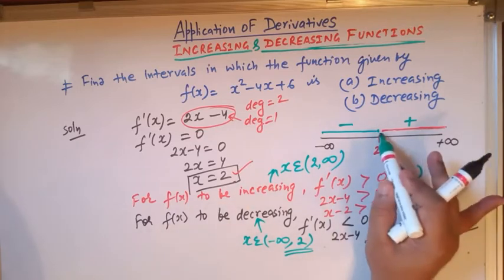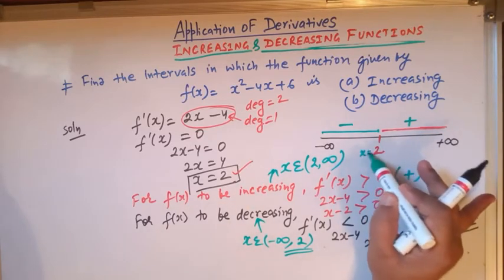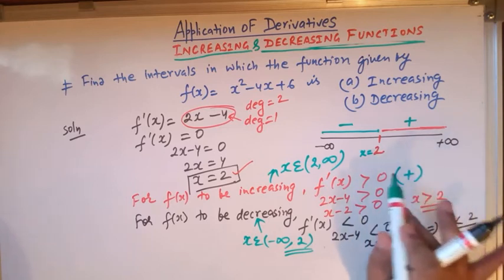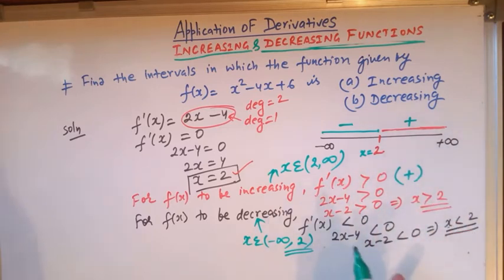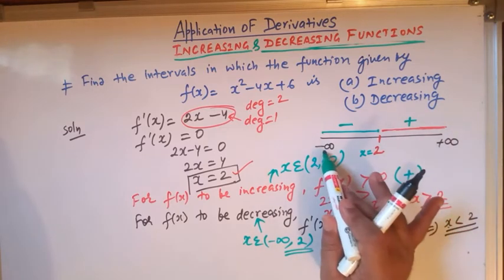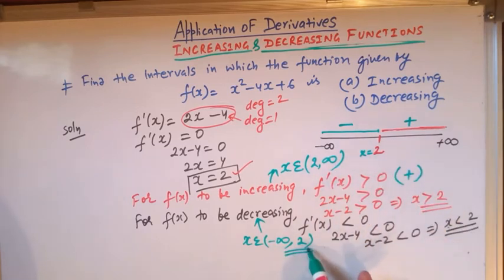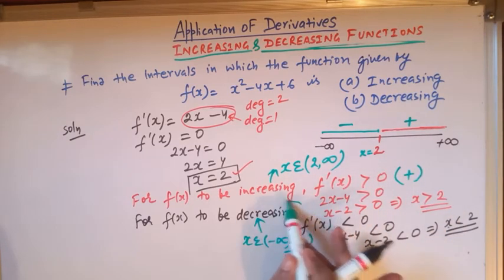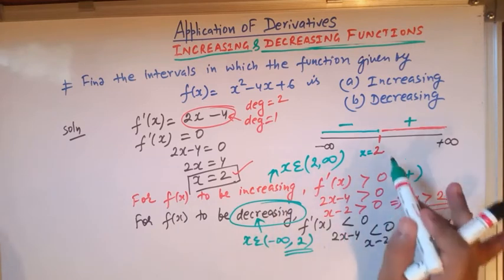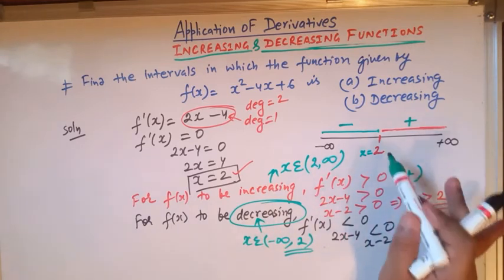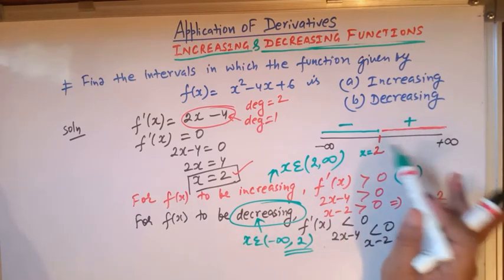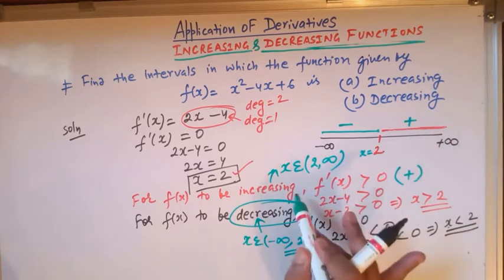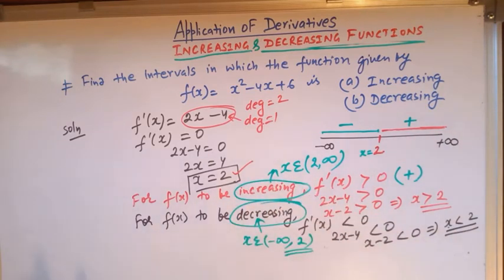So this point x equal to 2 divides the number line into two intervals. One interval is minus infinity to 2, in which the function is decreasing, and in the interval 2 to infinity the function is increasing.